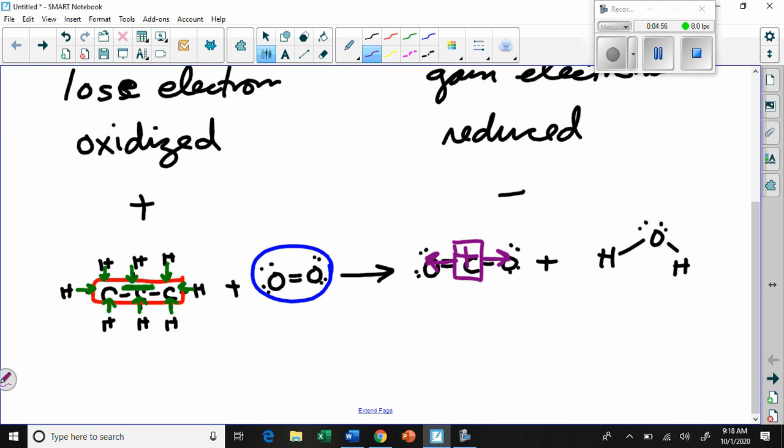So what we can say is that in this case, because the electrons have moved farther away from carbon, we say that carbon is oxidized. So it's like a loss.